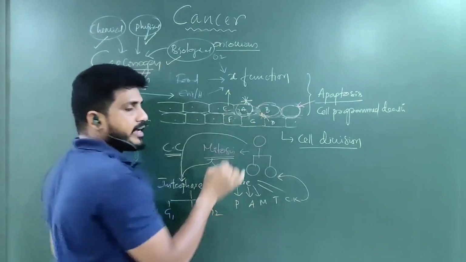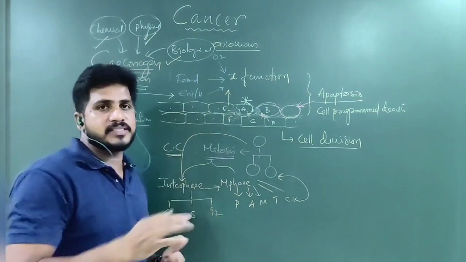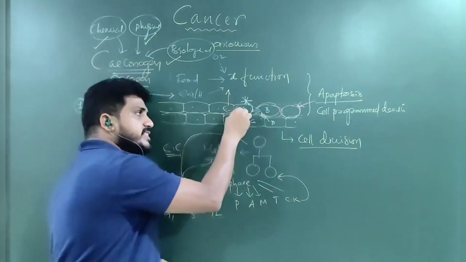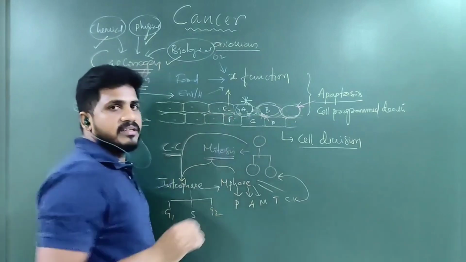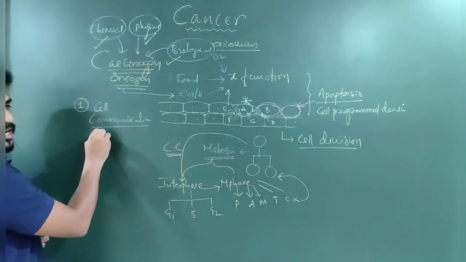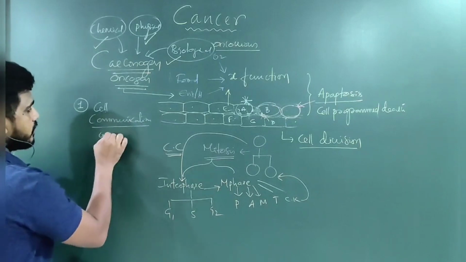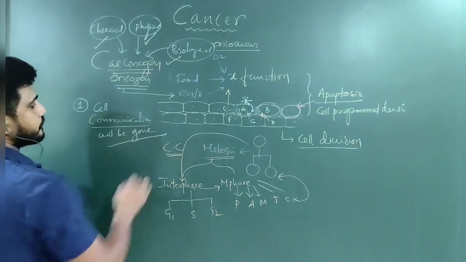Means the particular cell A lost communication from the neighbor cells. Means what is happening inside A, B, D, C, F is not known to it. Then loss of communication. So cell communication will be lost or gone.